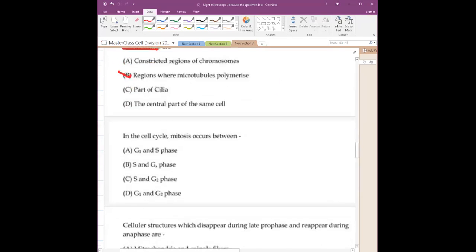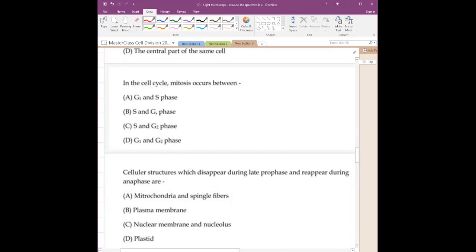I read it as centromere, sorry. Okay, in the cell cycle, mitosis occurs between dash and dash. So tell me, guys, what do you think? Very nice. Darshanita is right. Kanaka is right. Vaishnavi is right. Waiting for Arshia.